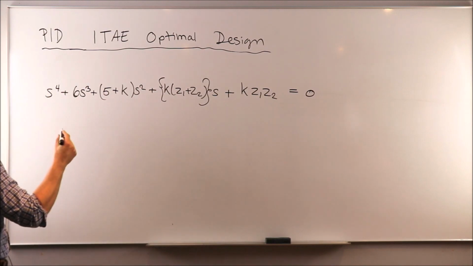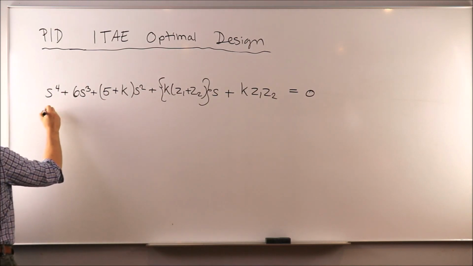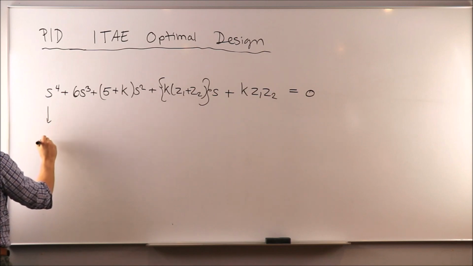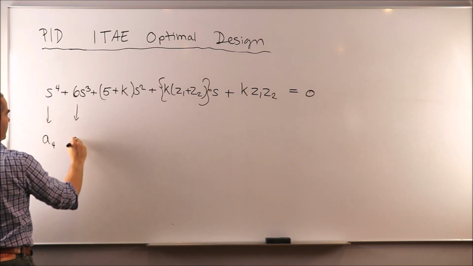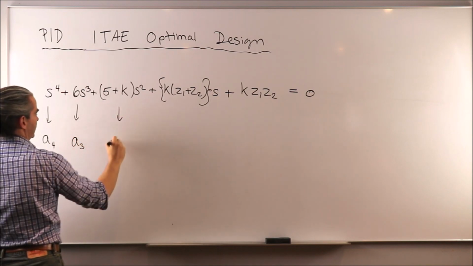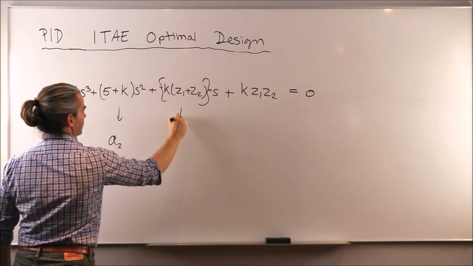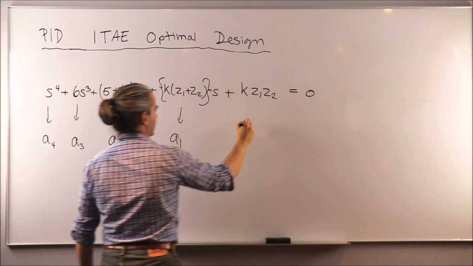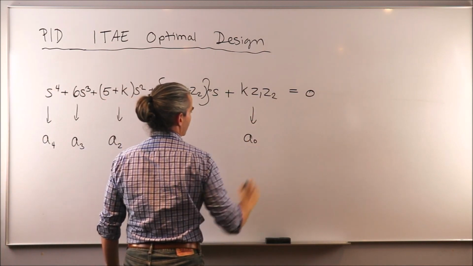All right, so now this is my A4 coefficient, my A3, my A2, A1, and my A0 coefficient.